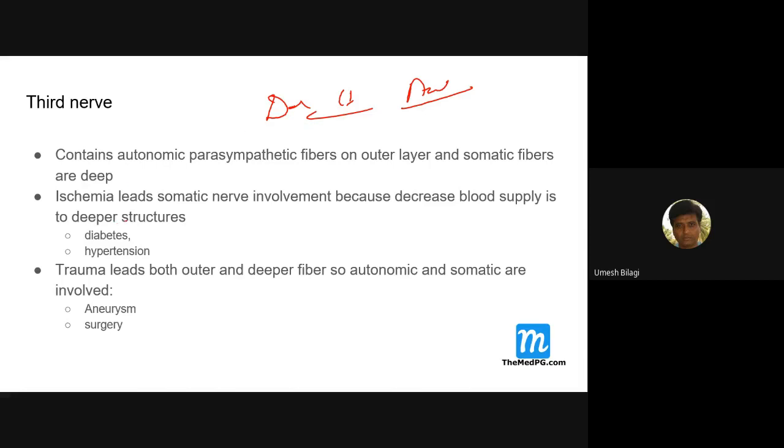Same thing I have written here. The outer layer contains autonomic parasympathetic fibers, and somatic fibers are deep down. Ischemia leads to somatic nerve involvement because of decreased blood supply deep in the nerve, as in diabetes and hypertension. Whereas trauma, aneurysm, and surgery would damage without caring for anything.